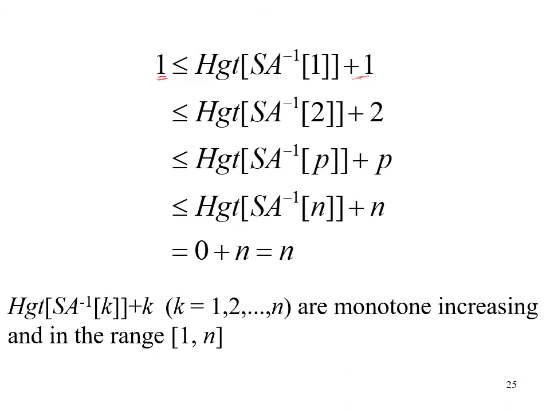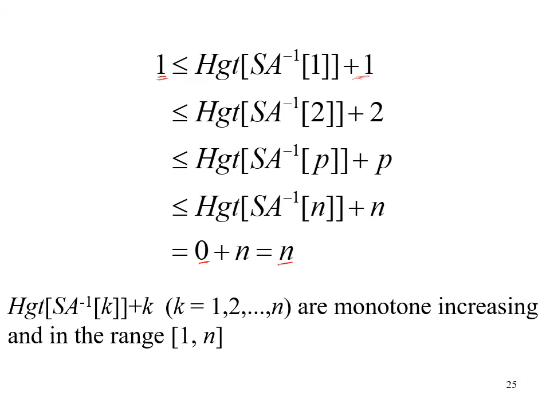And the last value, height of SA inverse of n plus n: because the last suffix is the terminator, the height is always 0. So the last value is n.